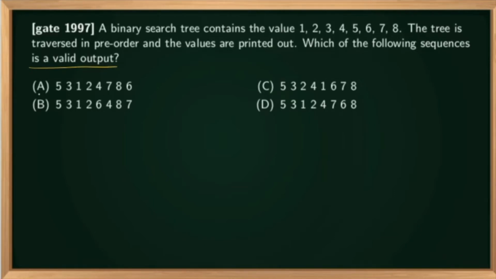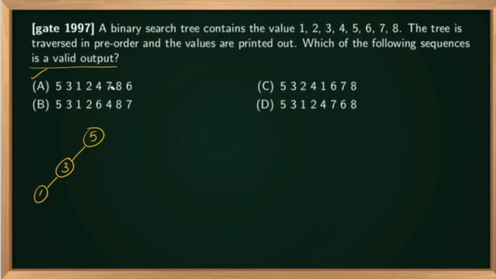Okay. For example, take choice A. It's a pre-order, so that means 5 should be the root. And I know all the values less than 5 should go left. This is a pre-order, so definitely the next value should be 3. Then it is printing 1, so 1 should be here. That is fine. Up to 5, 3, 1, it is correct.